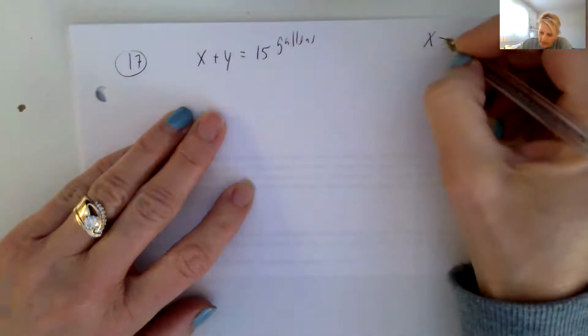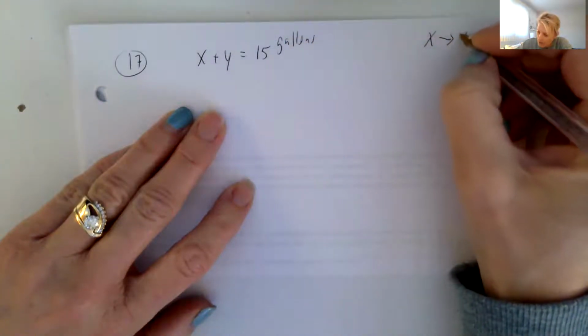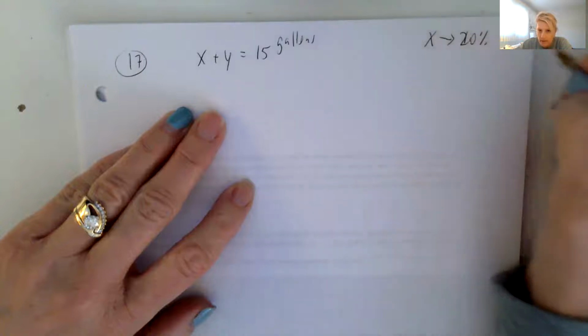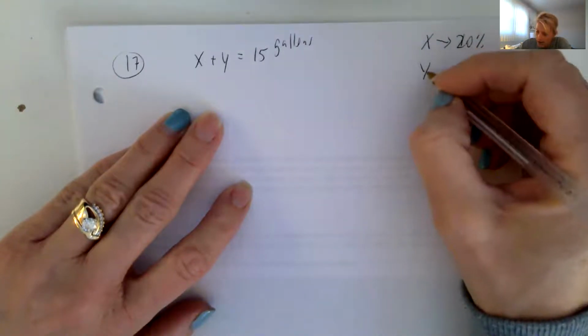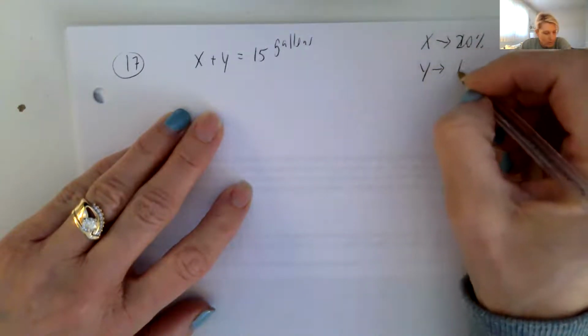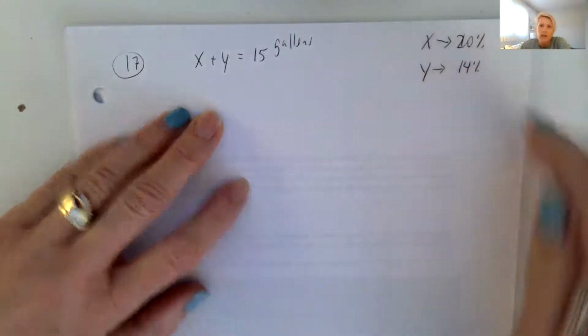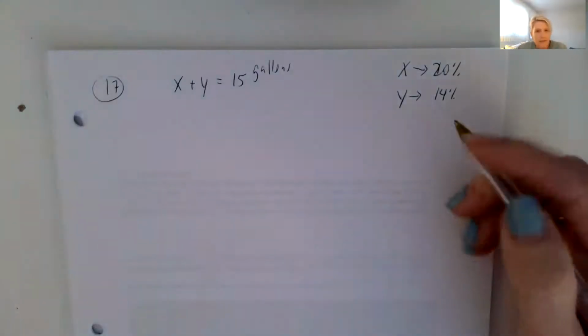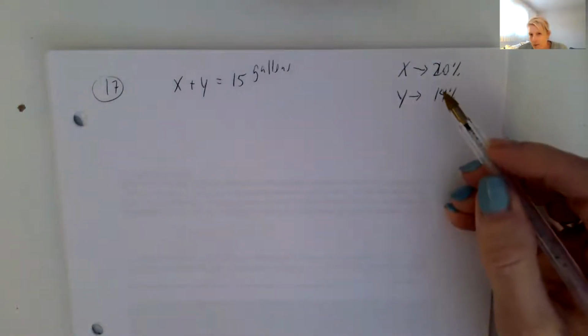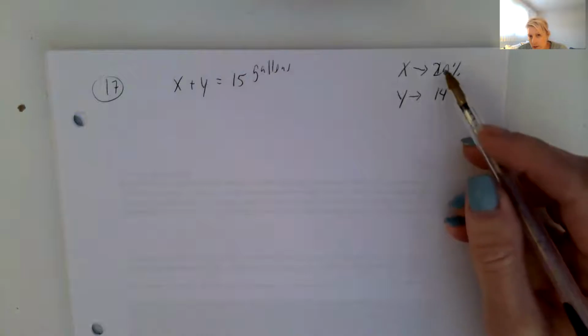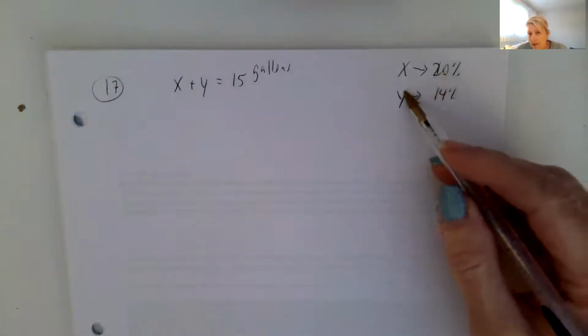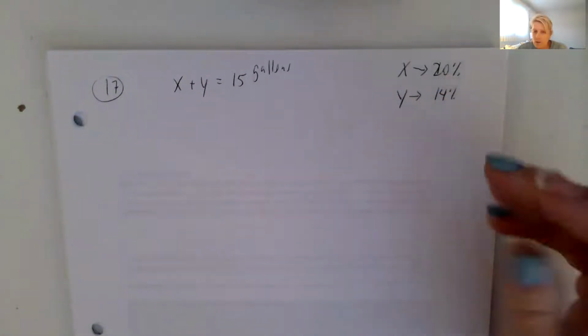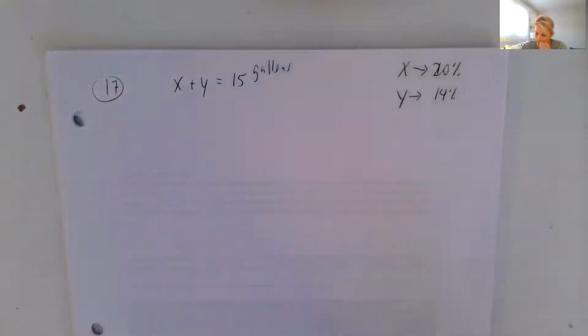And let's say x is the stronger 20% solution, and let's let y be the weaker 14% solution. And so we want to mix it so it's at 16%. So it's a little bit closer to the 14% than the 20. So we're probably going to need a little bit more of that 14% solution to make it a little bit weaker, but we're not sure.